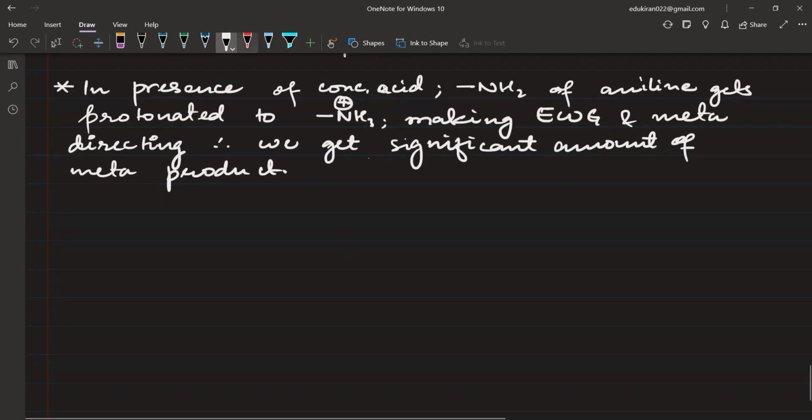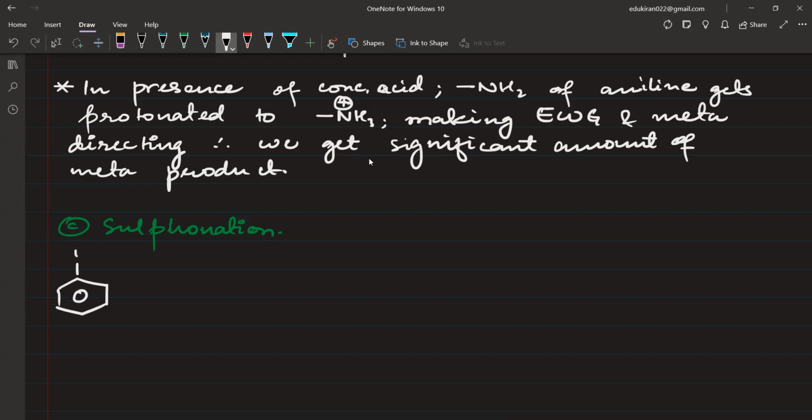After this, you write sulfonation. In sulfonation, you have aniline. You react this with concentrated H2SO4. It forms a salt in which you have NH3 positive with HSO4 negative.